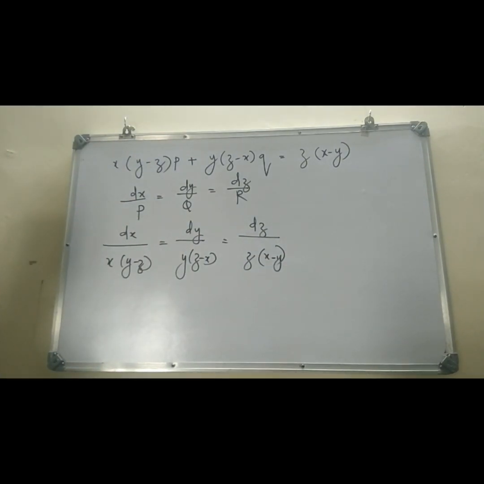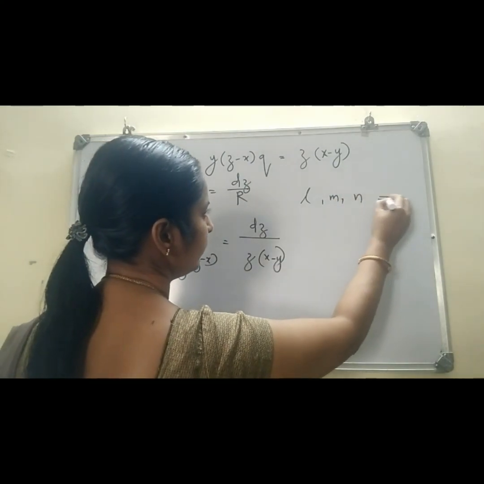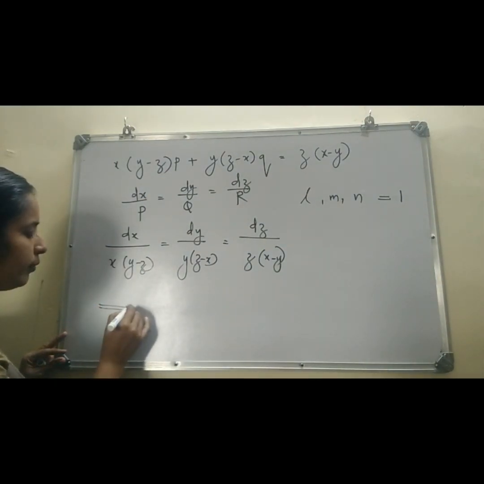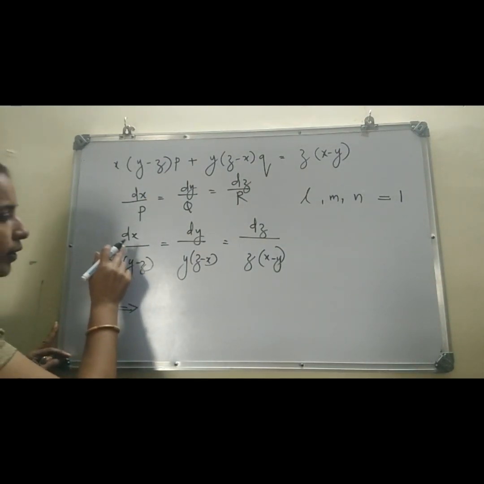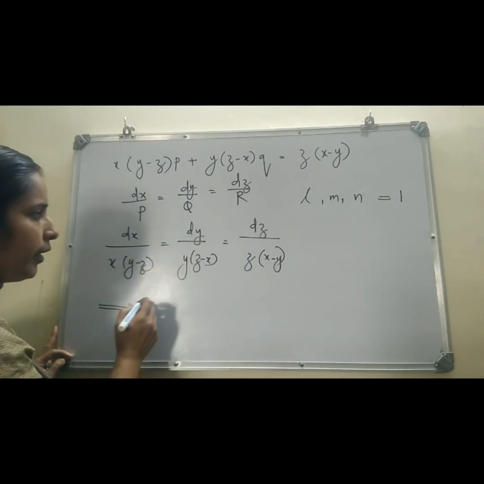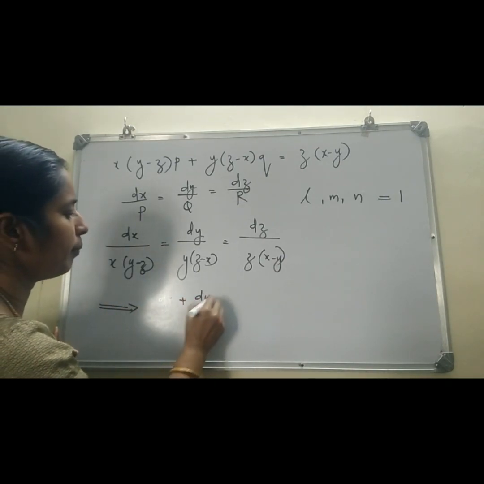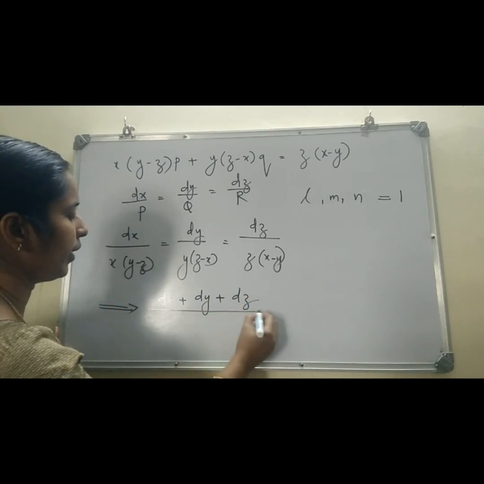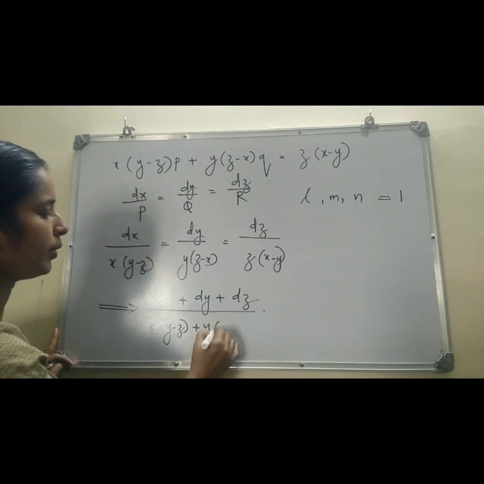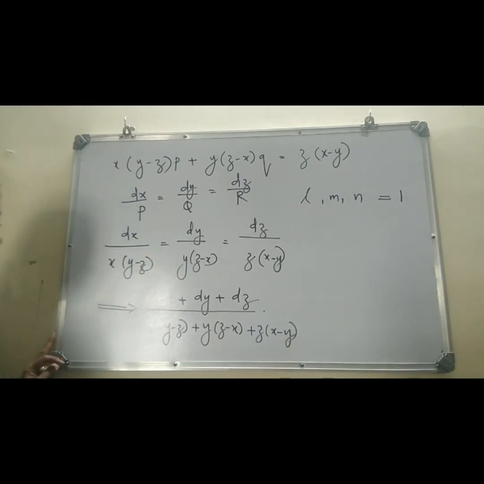Here choose L, M, N as 1, which implies L dx plus M dy plus N dz divided by, here L, M, N are 1. So dx plus dy plus dz by x into y minus z plus y into z minus x plus z into x minus y.